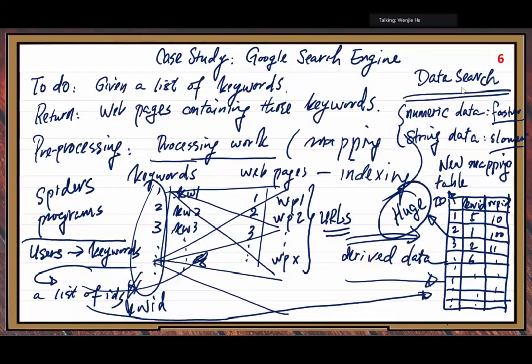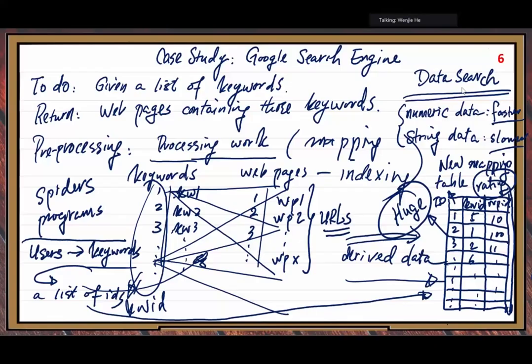But actually, the structure of the derived table is a little more complicated than this one. Because, remember, there is a rating question, right? So there is another column containing the rating weight. Rating, you can use a numeric value. The larger rating number means more important.